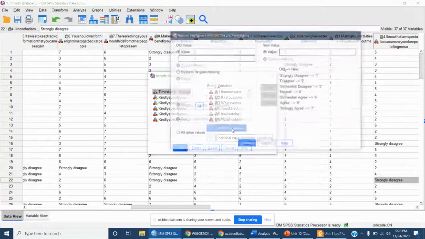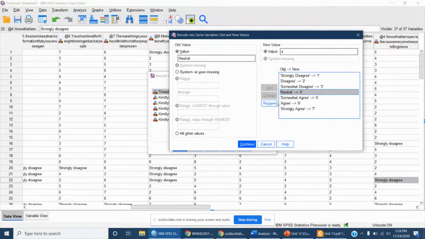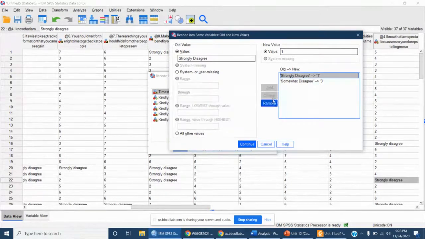Okay, so basically, the issue is only with this particular question. So yeah, somewhat strongly disagree. The problem is that I have used a smaller d here, but I have used a capital letter here.